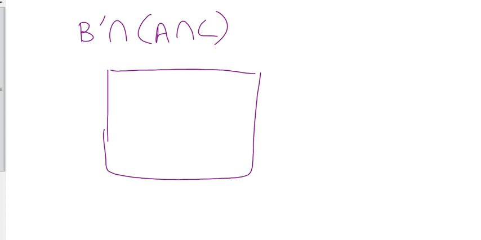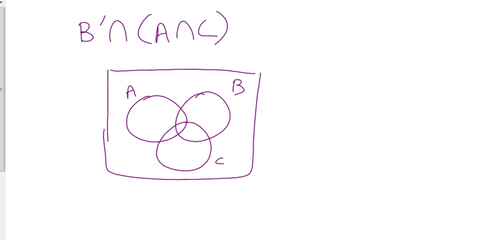Okay, let's try another one. B prime intersecting A intersect C. Okay, what should we do first? So what should we do first?